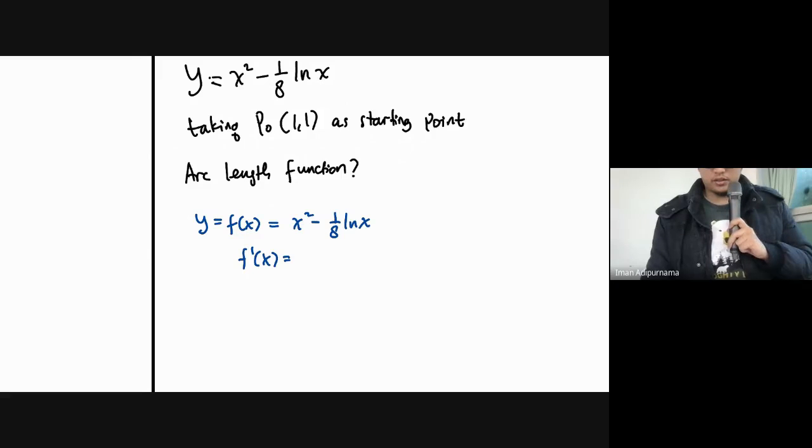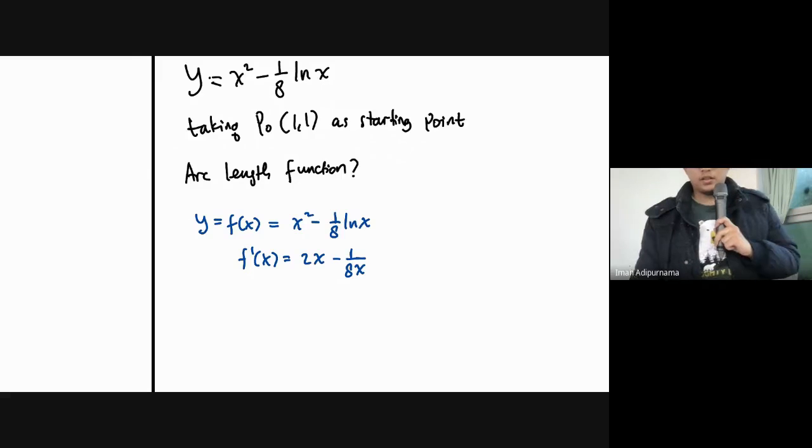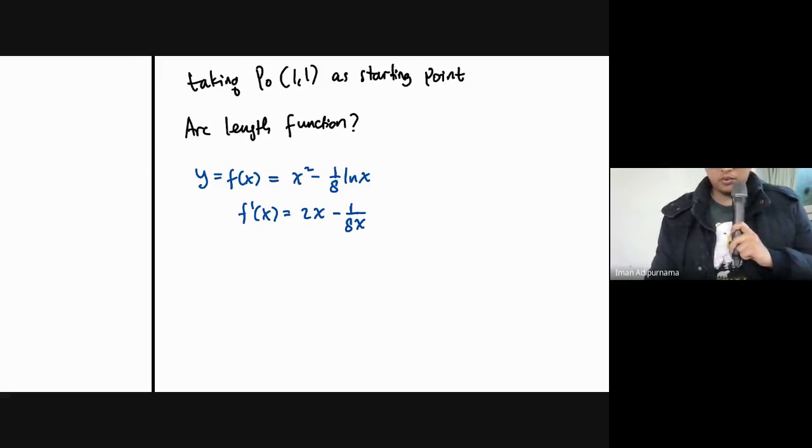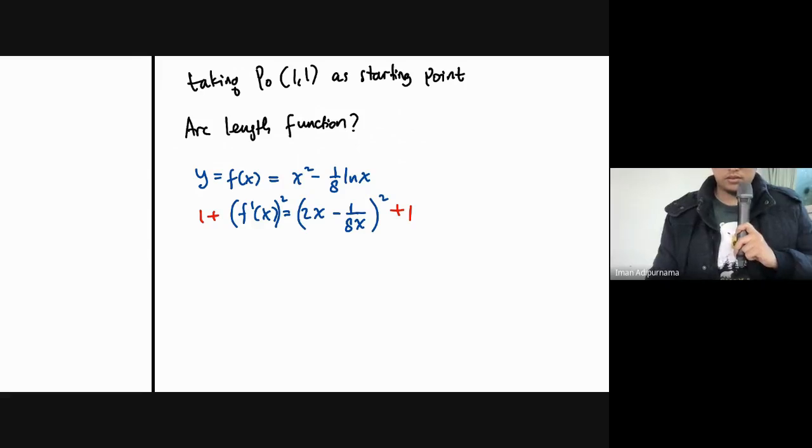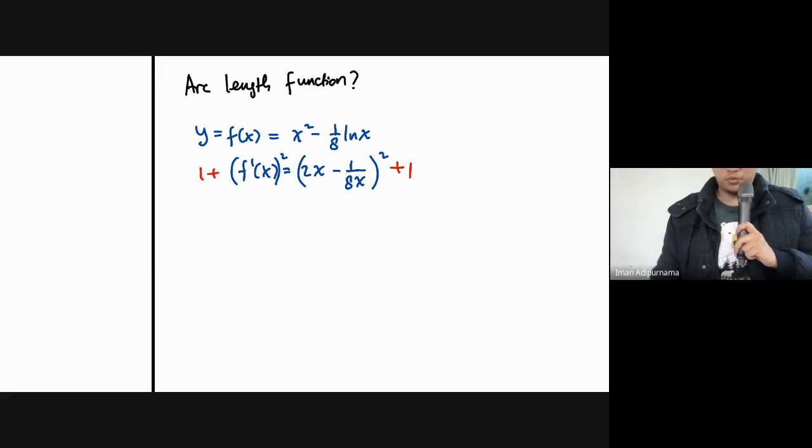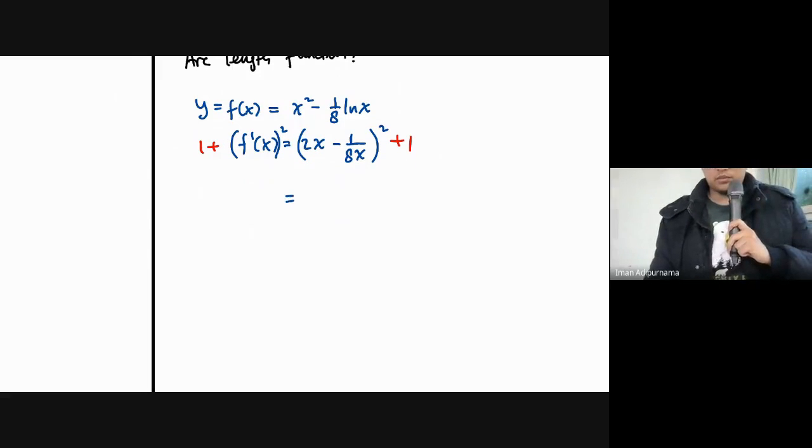we need to find the first derivative, and then square it, and then add 1, to make it the form that we want.